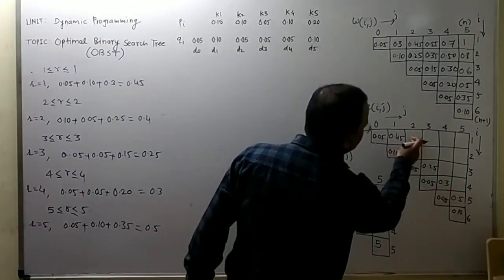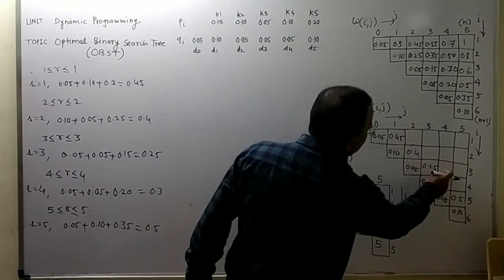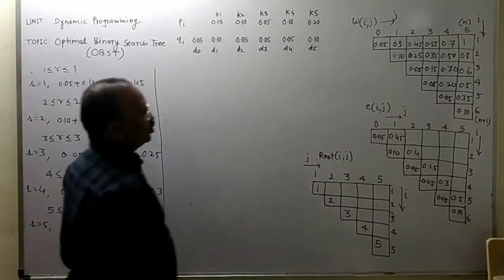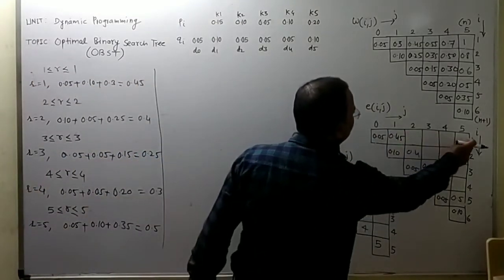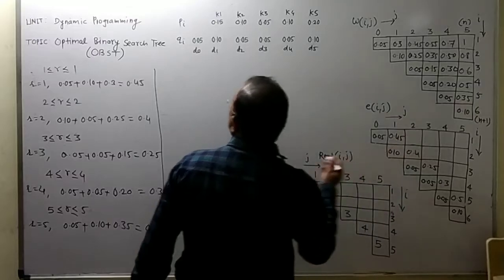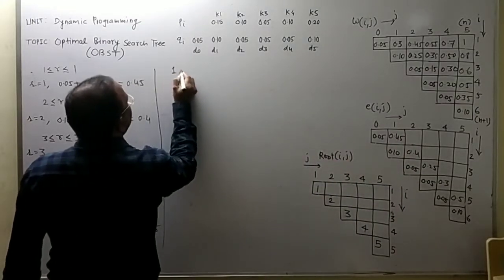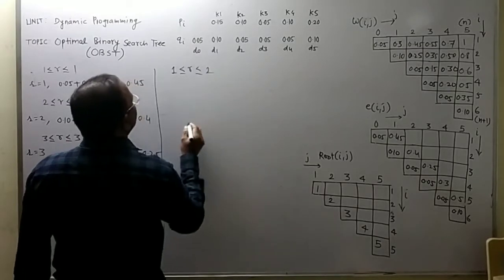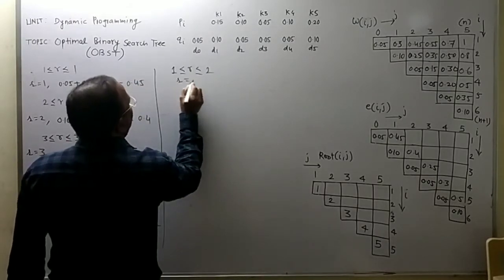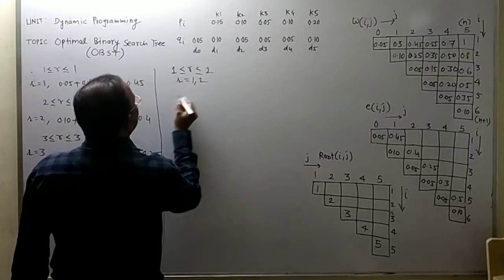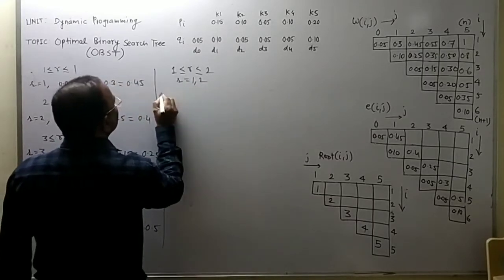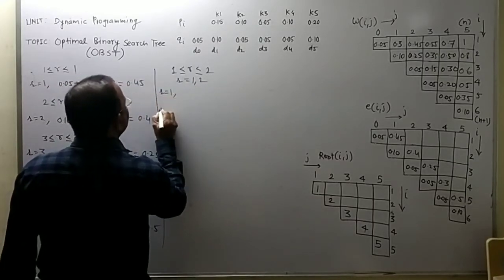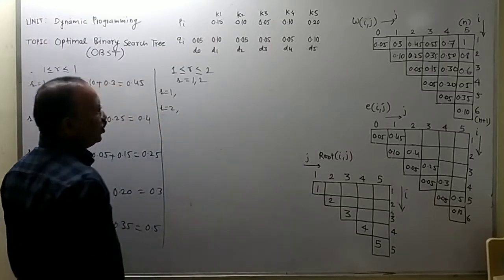Then try to develop this diagonal of E table. So let us see this cell, that is 1 to 2 cell. So 1 less than or equal to R less than or equal to 2. Here R varies from 1 to 2. So there will be two values, one for R is equal to 1, another for R is equal to 2.